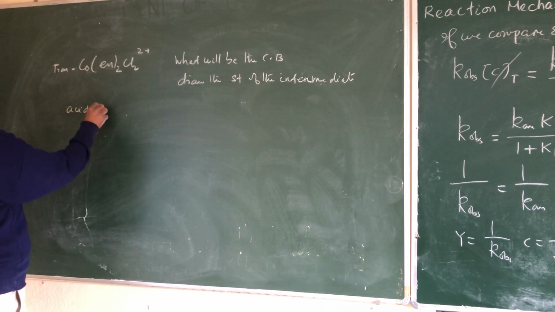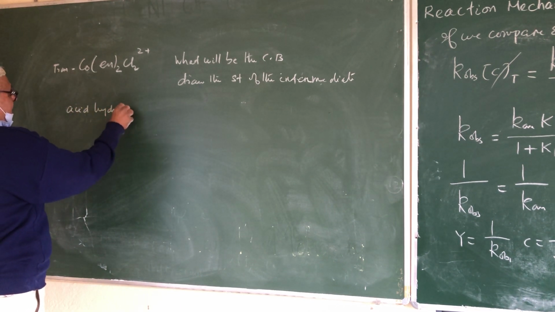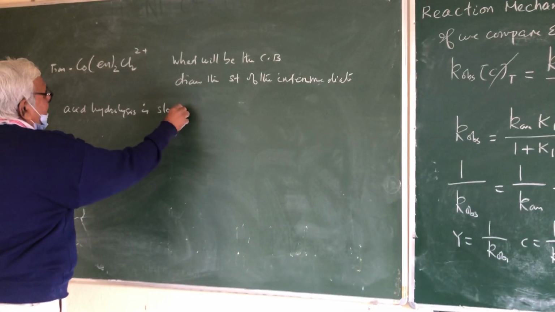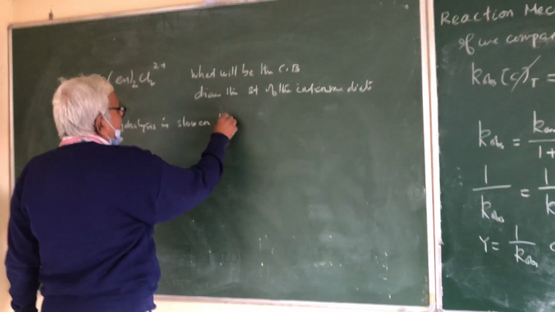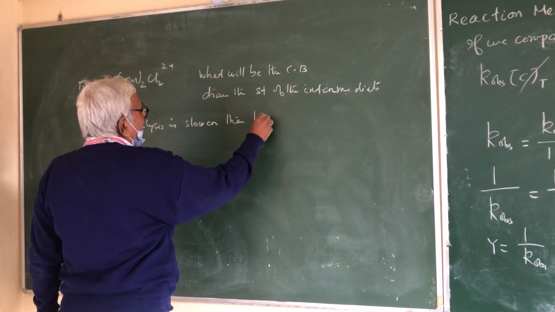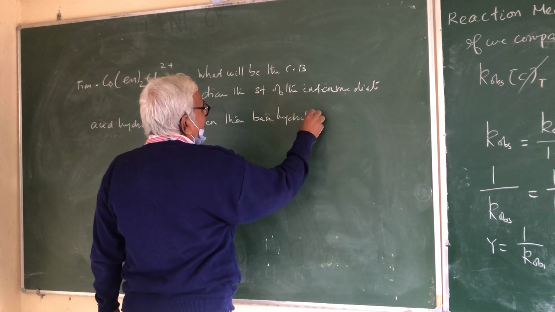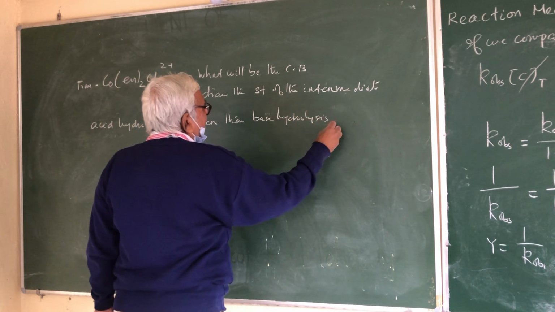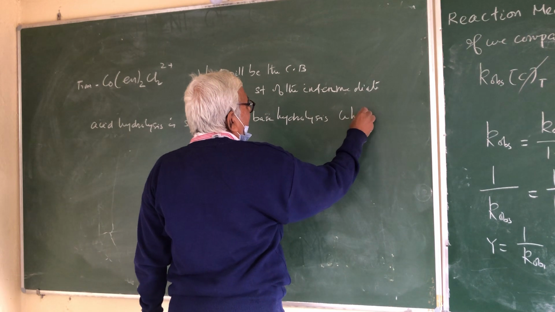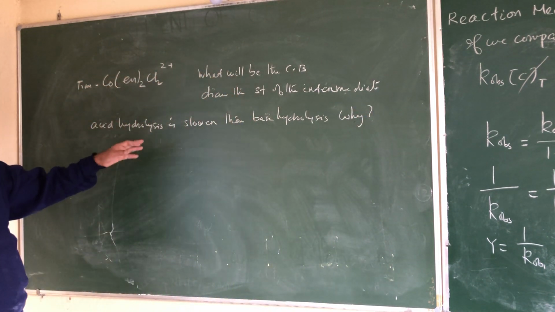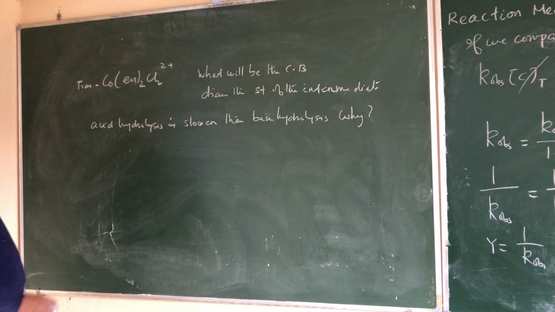You see, why is acid hydrolysis slower than base hydrolysis? Why?